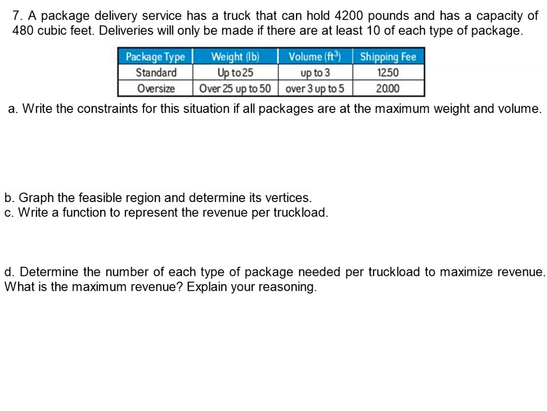You know, again, we don't live in a perfect world where all of our resources are unlimited. So we are constrained by certain things like the size of a truck and how much it can hold. Those types of things. So we're going to represent these constraints that we're given in terms of inequalities. But first, we have to identify what our variables are going to represent.